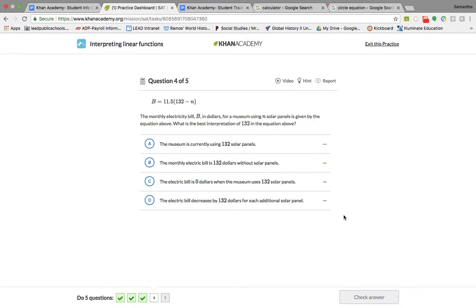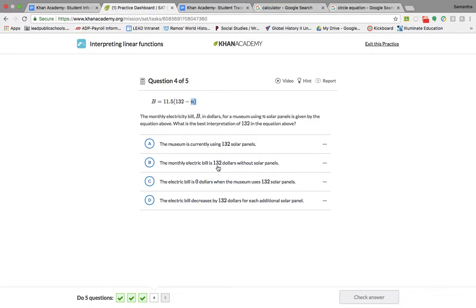Yes. The monthly electric bill, B, in dollars for the museum using N solar panels is given by the equation above. What is the best interpretation of 132? No, because we don't know how many solar panels.